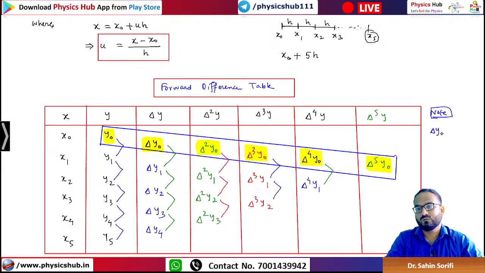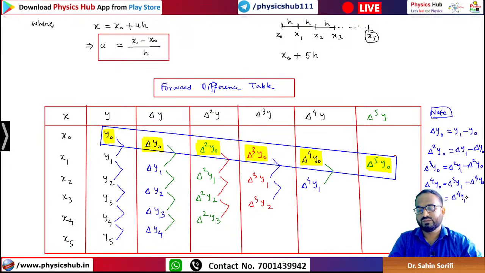So delta y0 is equal to y1 minus y0, delta square y0 is delta y1 minus delta y0, delta cube y0 is delta square y1 minus delta square y0, delta to the power 4 y0 is delta cube y1 minus delta cube y0, delta to the power 5 y0 is delta to the power 4 y1 minus delta to the power 4 y0.